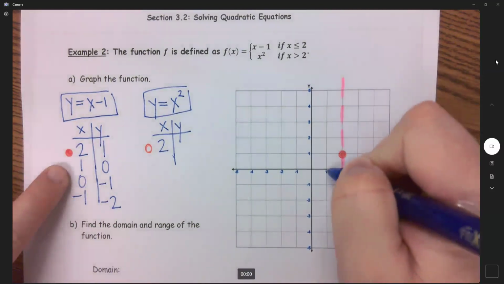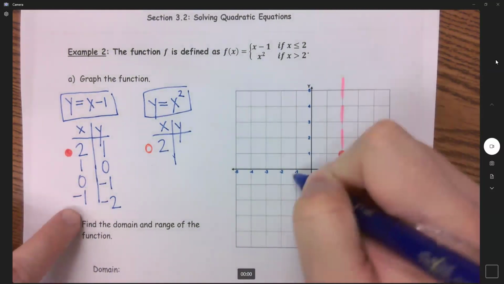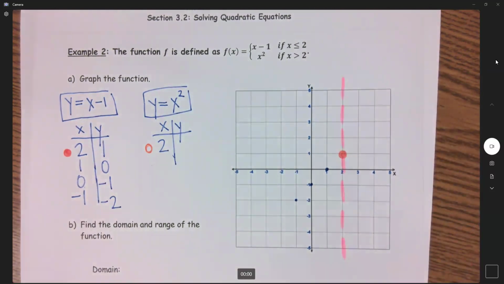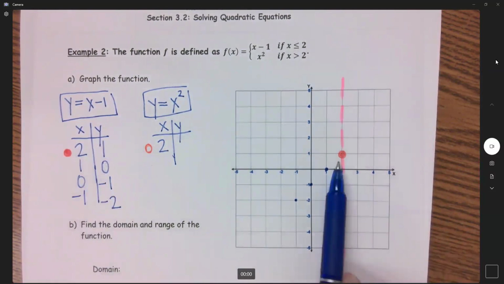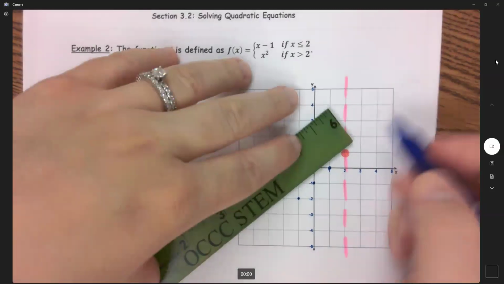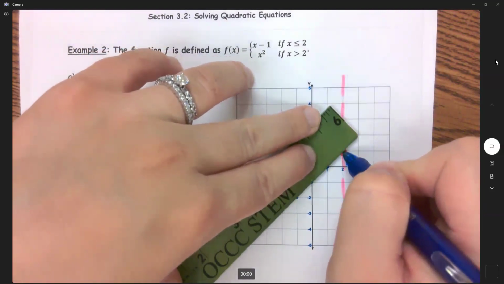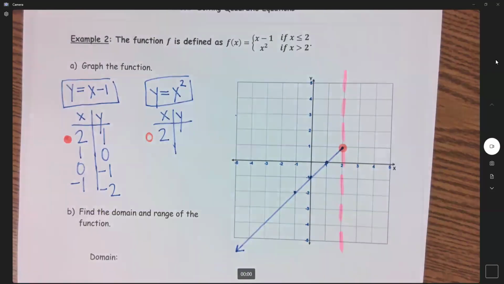So (1, 0), (0, -1), (-1, -2). When we do this, we're going to start at this breaking point, that bold, different colored red circle, and go through the rest of them. So that's what the left side looks like.